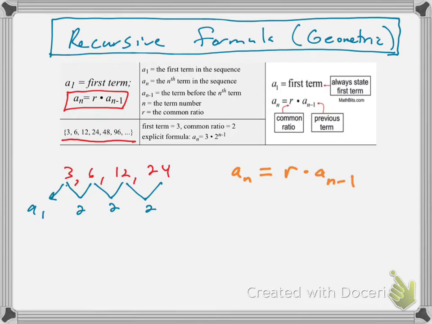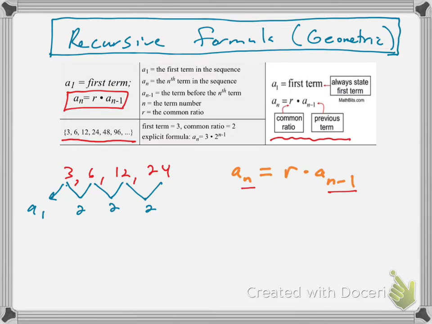So this n and n minus 1, the n means the nth term, the n minus 1th term is the term right before the nth term. So this is the recursive formula, and it makes sense because we're multiplying by the common ratio each time. And of course, this clarifies that right here: common ratio times the previous term, and then we always state our first term.